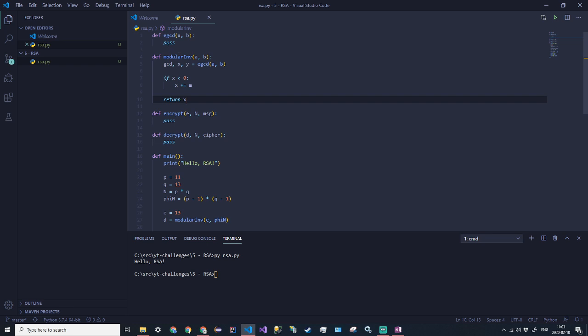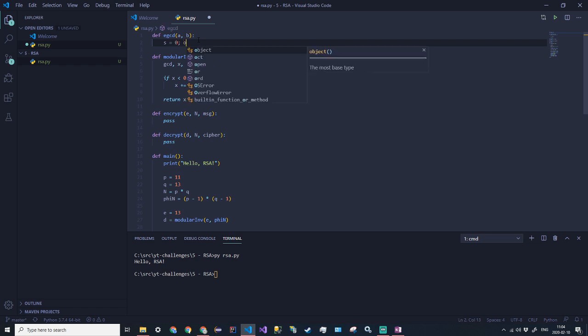I'm just going to write out the code first, and then we'll go through the debugging and see how it works. All right. So we'll need 6 variables to start. So s is equal to 0, old s is equal to 1.